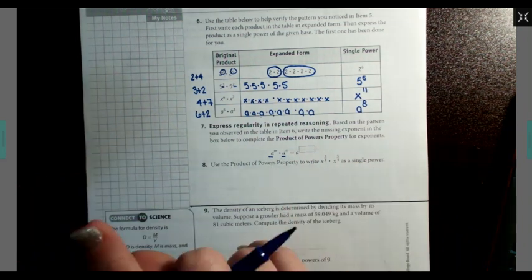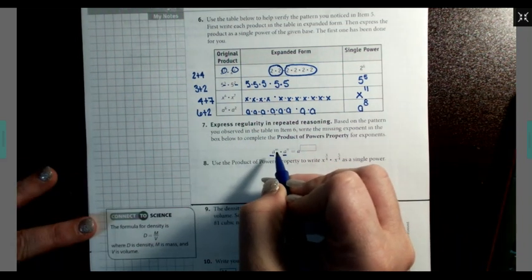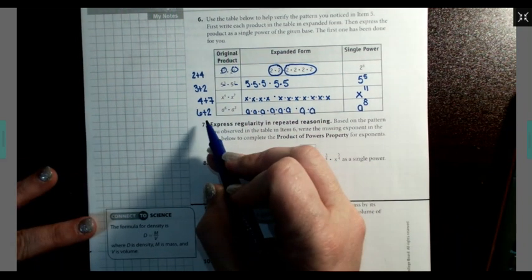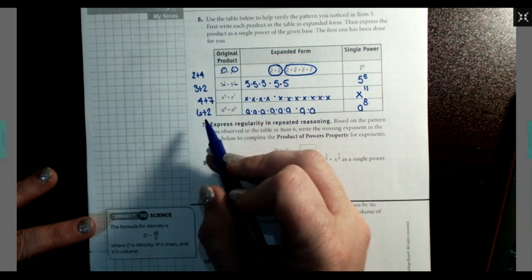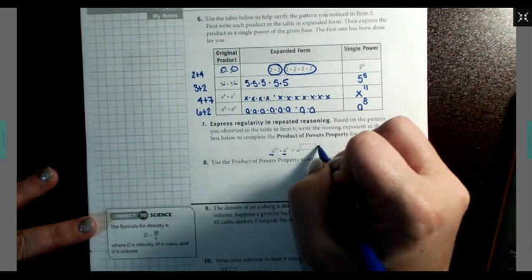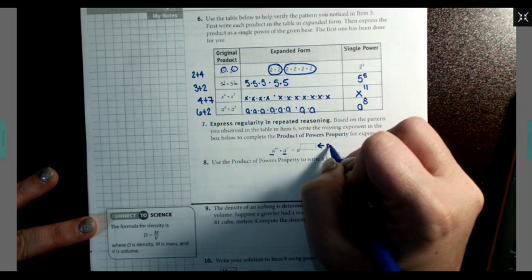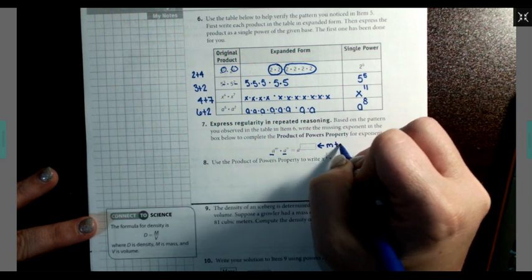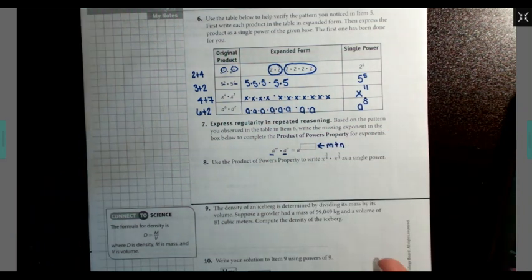So a and a are my bases, and we have exponents of m and n. What did we do with our exponents? Added them together. So this box right here would say m plus n. Whatever your two exponents are, we're going to add them together, and that's going to be our new exponent if we're multiplying like bases.